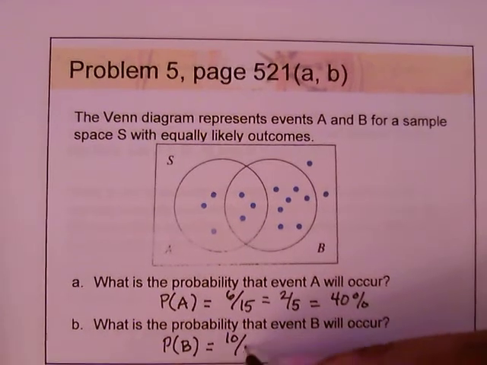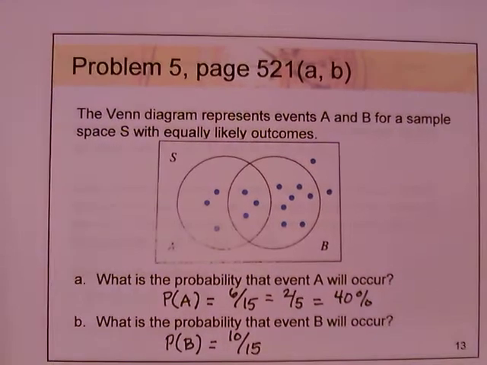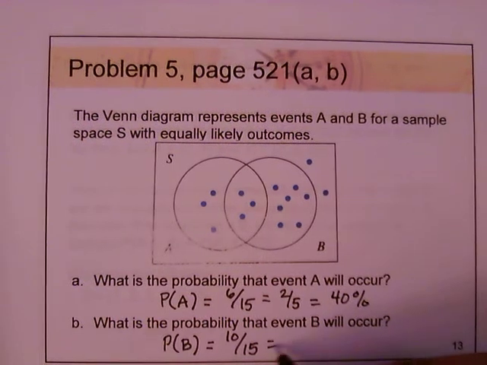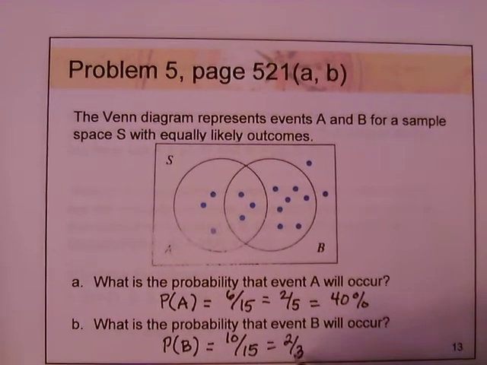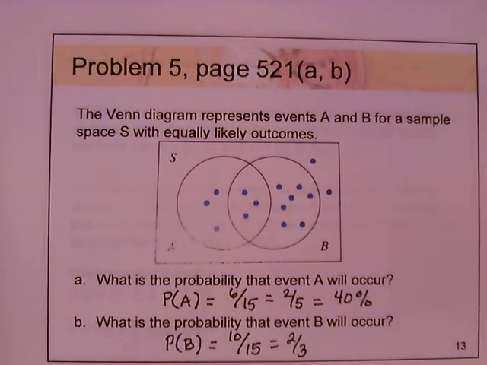And there were 15 dots in the entire sample space, so the probability of event B would be 10 over 15. Now if I reduce 10 over 15, this will be 2/3 by dividing the numerator and the denominator by 5. And then if I want to write that as a percent, I'll have to do 2 divided by 3.